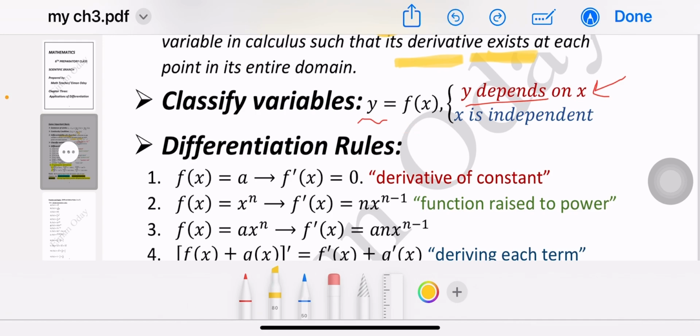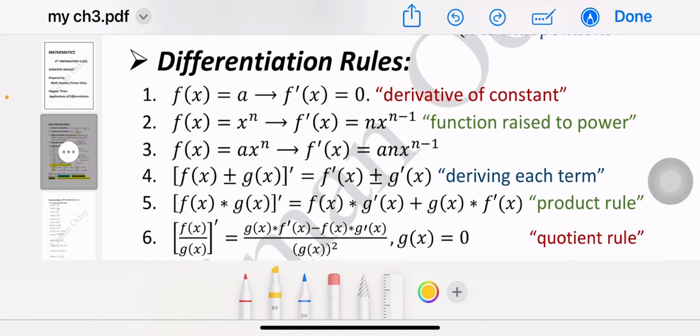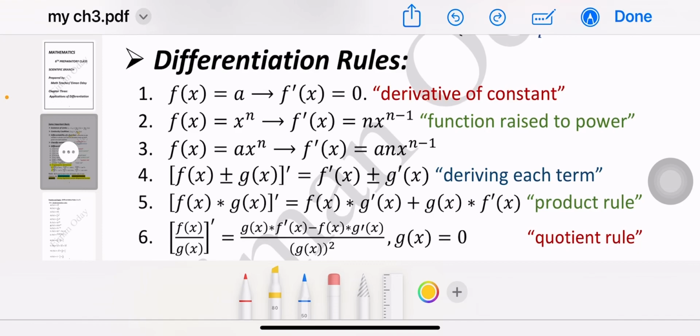Some rules of differentiation are known from last year. We have to know them, but we just want to revise them very fast in order to remember them. If we have a constant function, the derivative of a constant is 0.